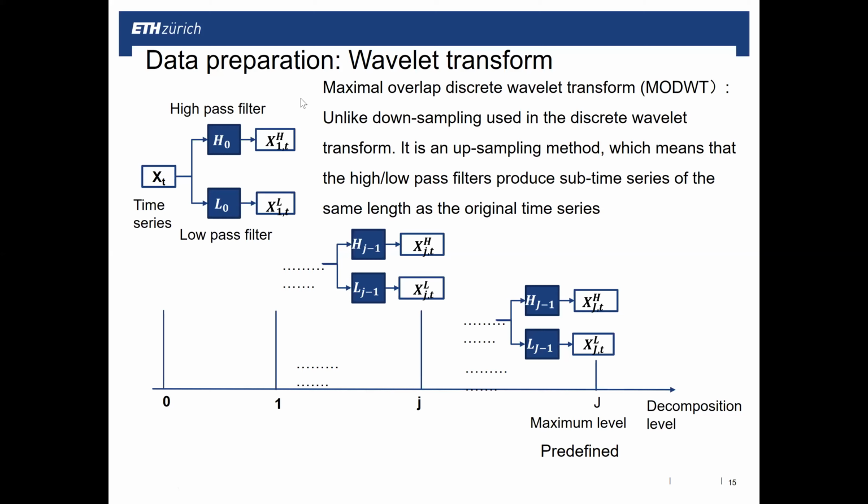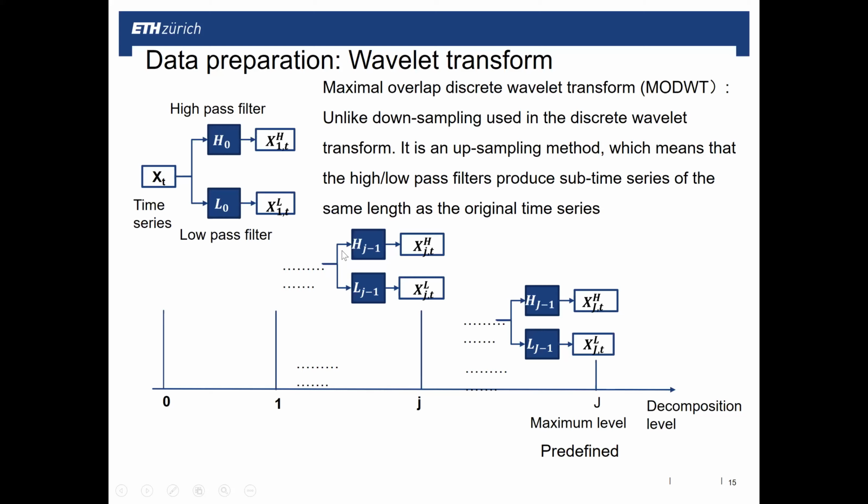But when you apply the discrete wavelet transform, it uses a downsampling method. That means the sub-time series you get is only half the length of the original time series. At each level, when you want to go to the next level, you decompose the low frequency time series, that means the sub-time series from the low pass filter.